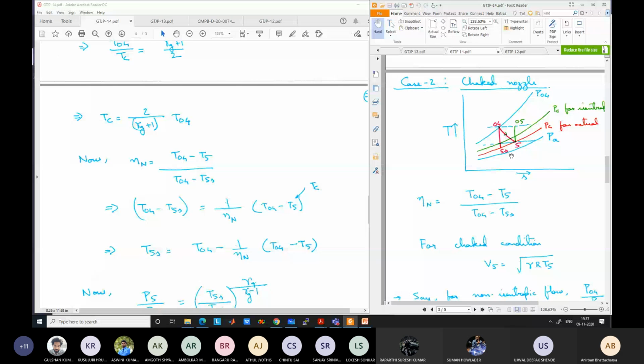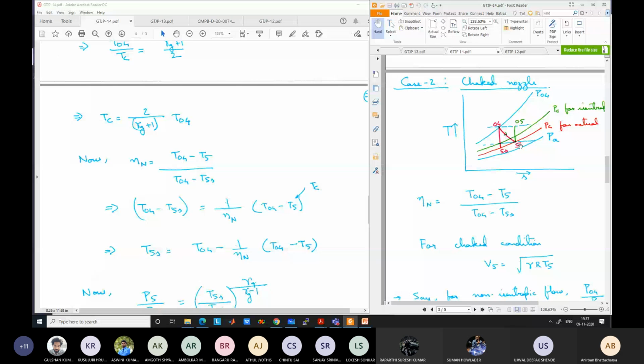Based on this we can find T5s. Once T5s is calculated, you can find P5, which is equal to P5s. So P5 by P04 for this isentropic process is equal to (T5s by T04) to the power gamma by (gamma minus 1). This will give us the exit pressure.